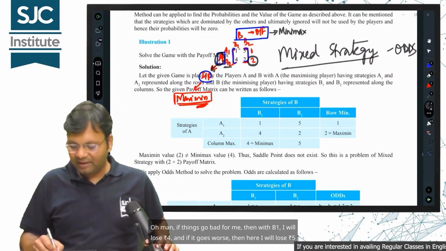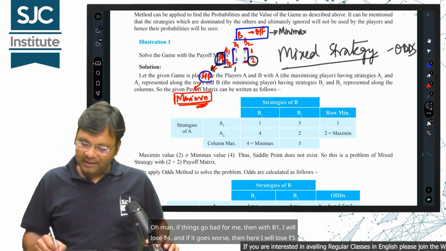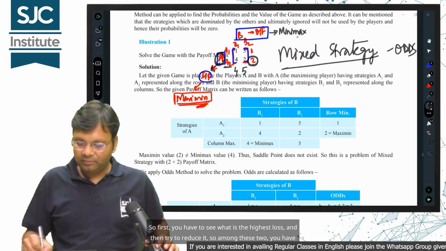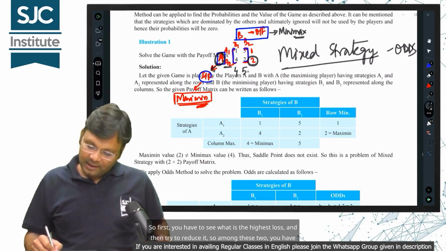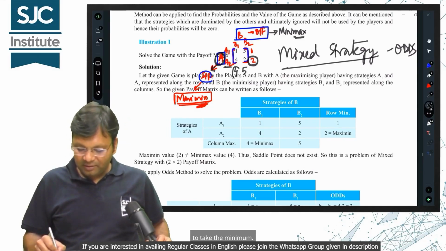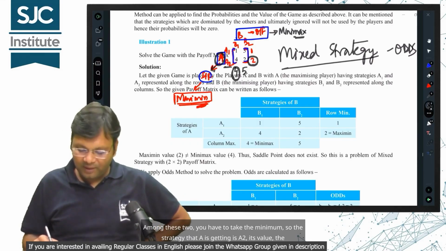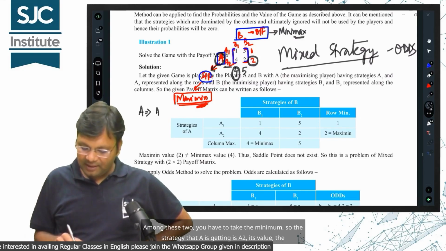Oh man, if things go bad for me, then with B1 I will lose 4 rupees, and if it goes worse, then here I will lose 5 rupees. So first, you have to see what is the highest loss and then try to reduce it. So among these two, you have to take the minimum. This is minimax.